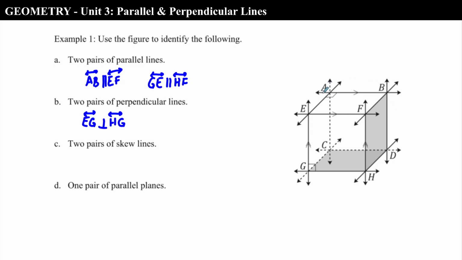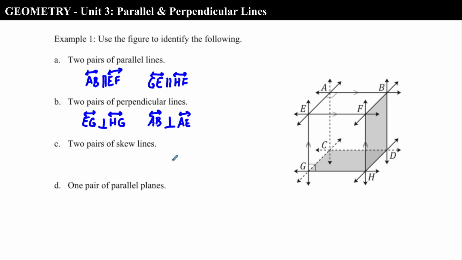But let's go to the one that's indicated. How about AB and AE? And of course there are others. We did just point out another one.